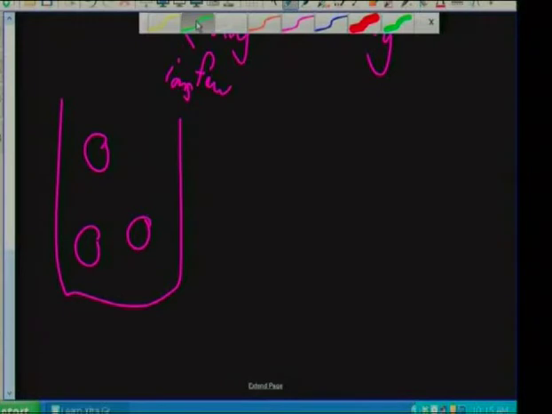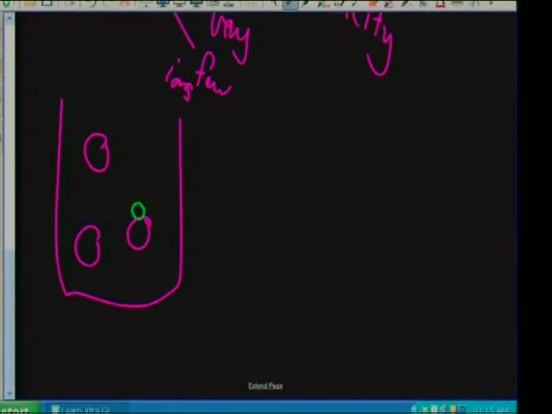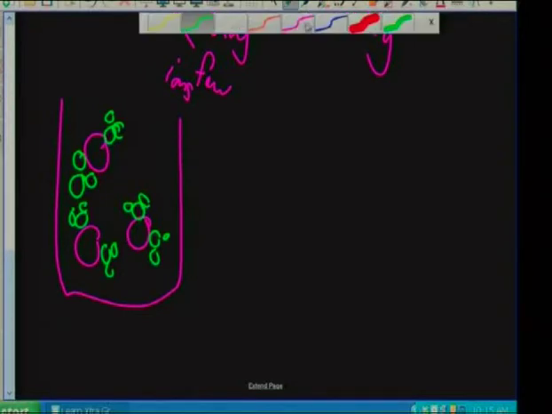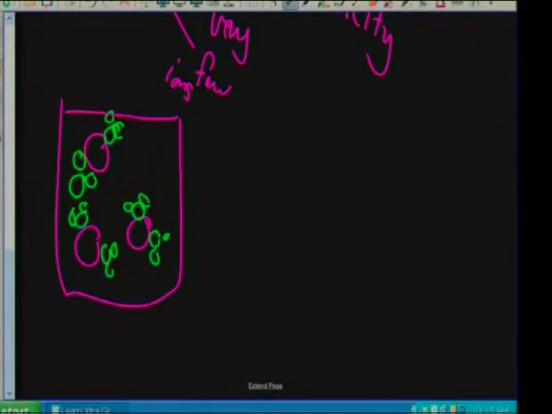Say we've made a sugar solution and we're surrounding them by water molecules, lots of water molecules around them. I'm not going to draw lots of them, but just so that you can see that these are in fact surrounded by water. There are no free charges present in the solution. So this is an example of a sugar solution.